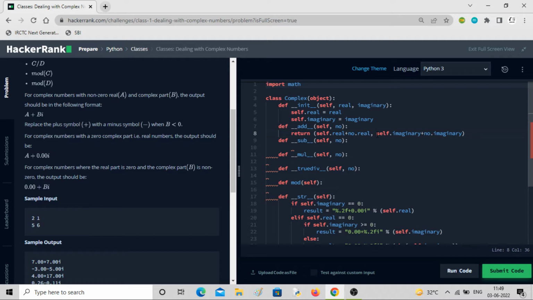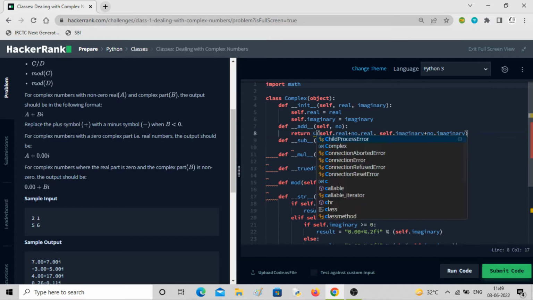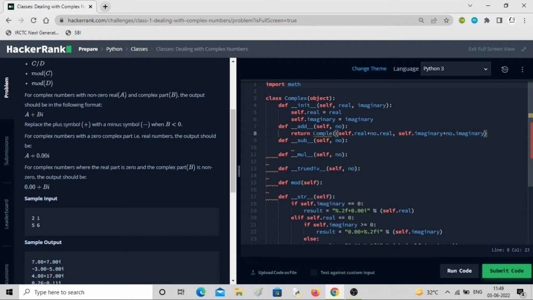But the problem is again it is in tuple form. So we'll give it to the class Complex. This is how it will look.